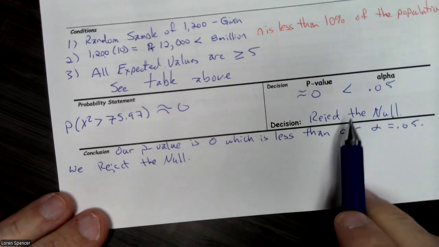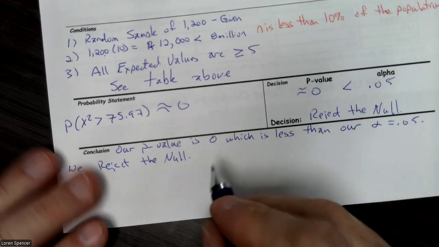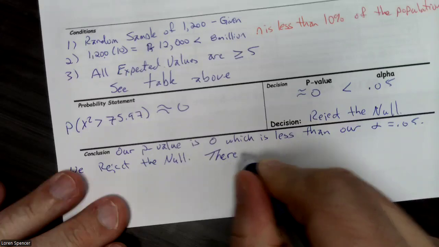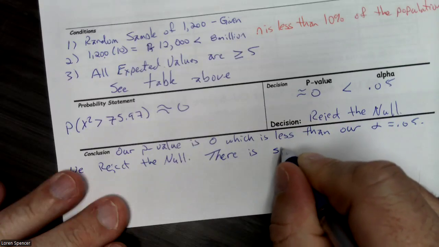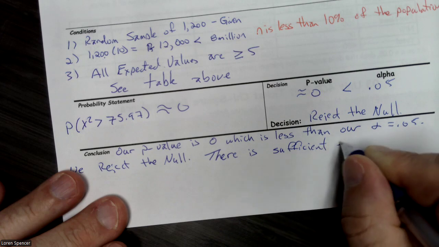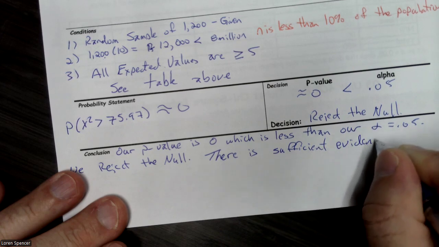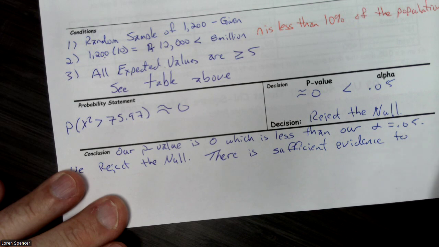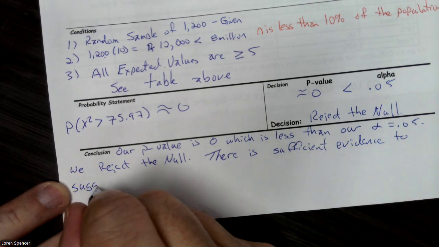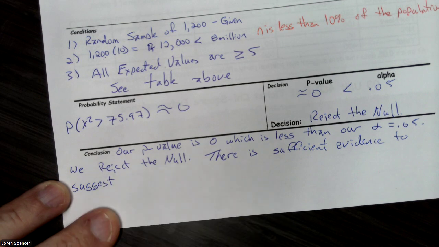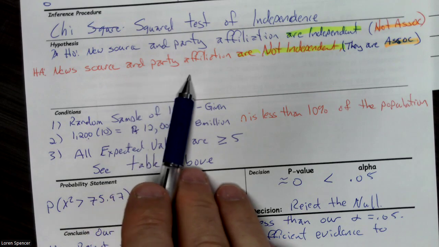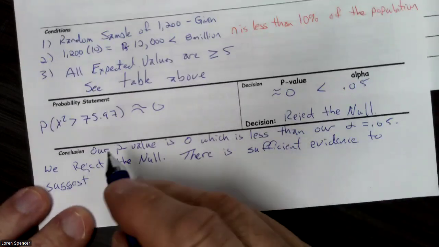We got all that information from there. And this time there is sufficient evidence to suggest, and this is where we restate our alternative hypothesis, that news source and party affiliation are not independent.